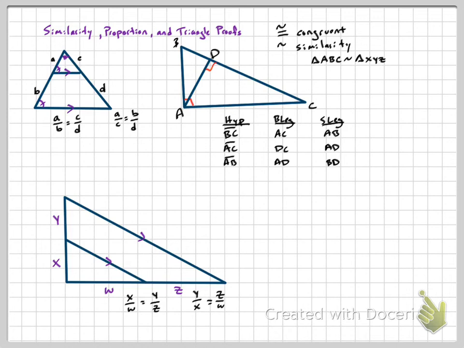So there's going to be times where you have to match up the corresponding sides, and it's always easiest to match them by hypotenuses, then try to factor in what's the big leg and what's the small leg. Okay?